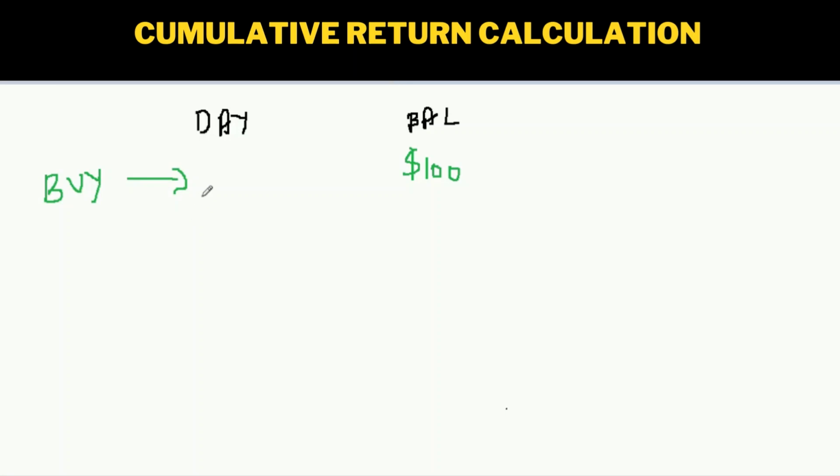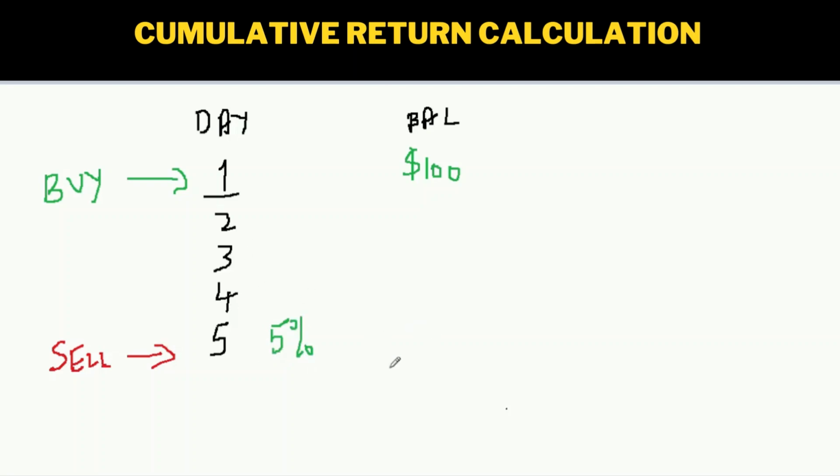So this becomes our day 1, and we will invest the entire $100 to buy stocks. As per the strategy, once we have bought, we're going to sell it on day 5. So let me go ahead and write sell here. So we sell on day 5, assuming we make a profit of 5% in this trade.